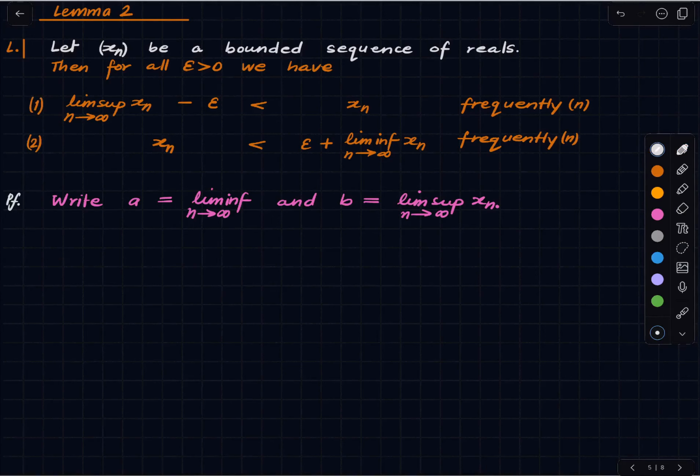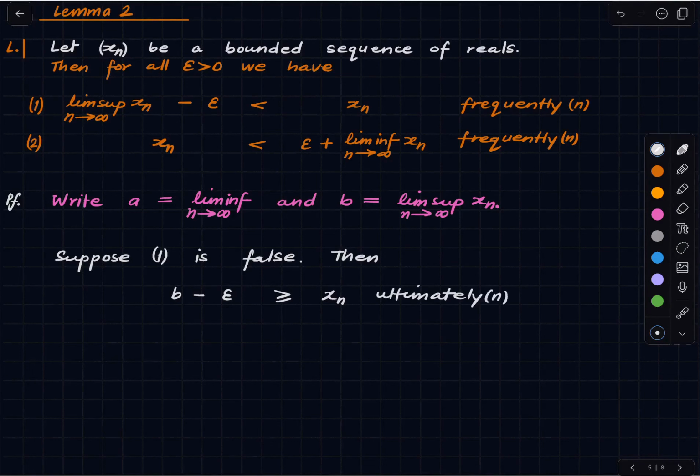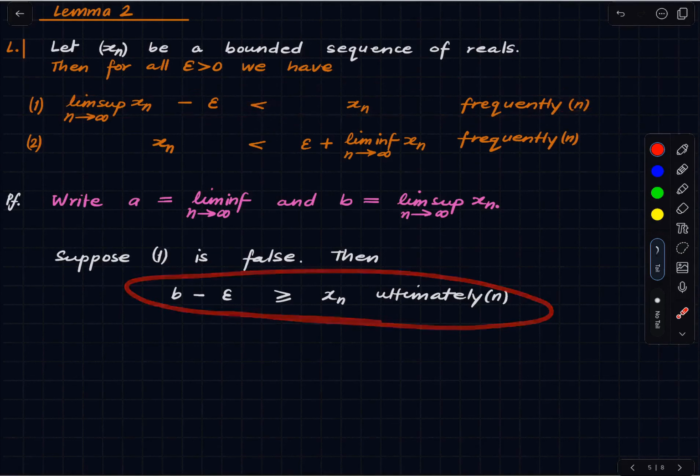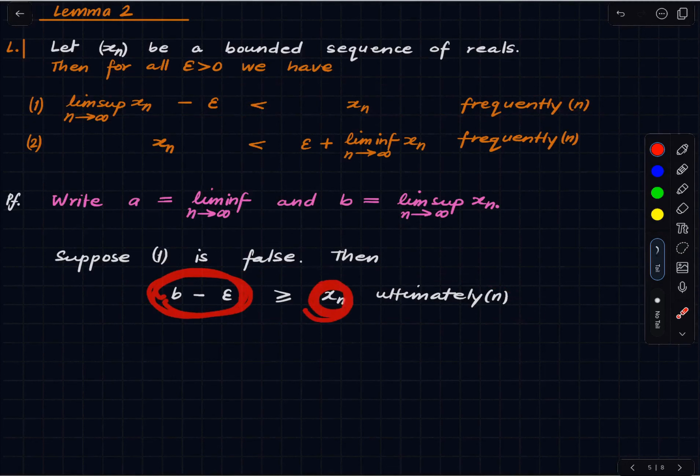So suppose 1 is false, then we must have b minus epsilon is greater than or equal to xn ultimately. Why? Because if this does not happen frequently, then this must happen ultimately. That's all that we have written here. And now this is some fixed number which is dominating a sequence ultimately.